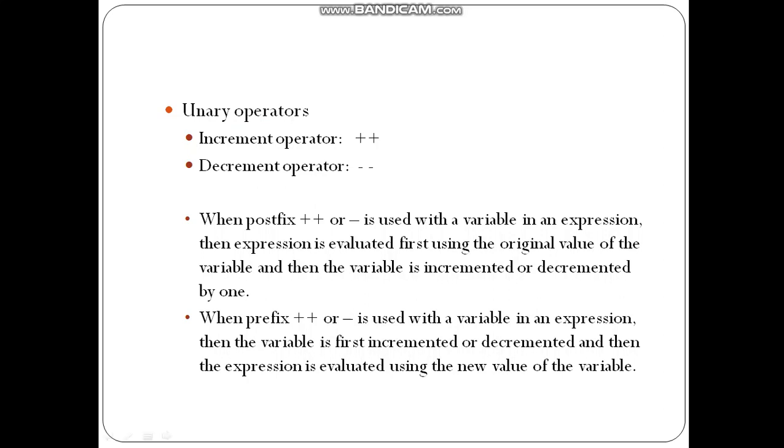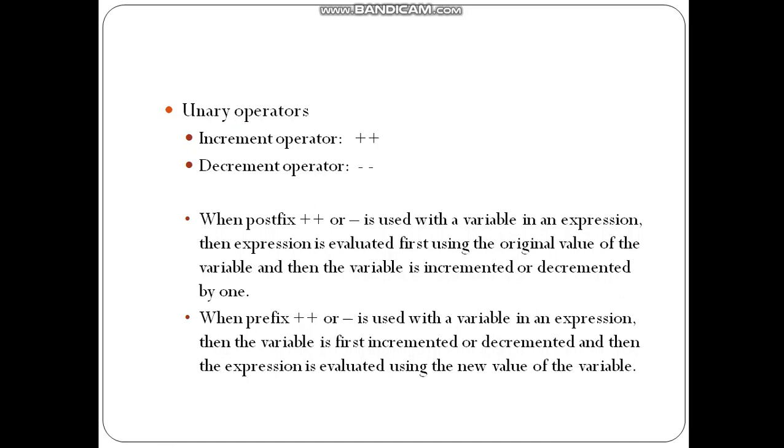I will explain it with the help of an example, but before that, just know plus plus. Suppose the original value of A is 5. If I write A plus plus, the value will be incremented by 1. Similarly, if I write A minus minus, the value will be decremented by 1. That is what is meant by increment and decrement: increasing the value by 1 and decreasing it by 1.